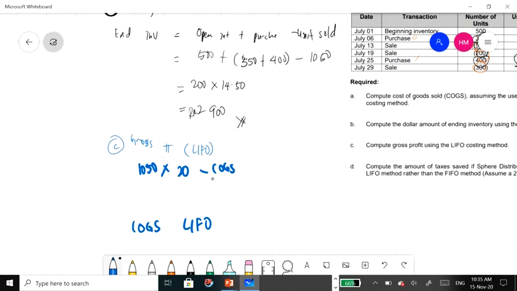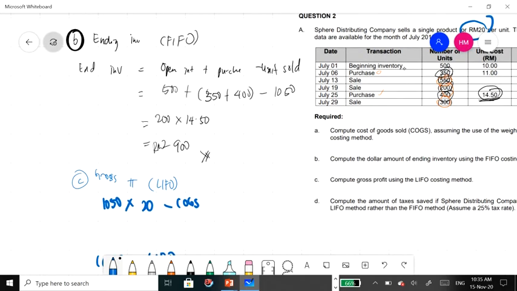So first kali cost of goods sold dia kita jual 550. So 550 ni consists of last in first out. So this one consists of 350 dan juga 200 unit untuk RM10.